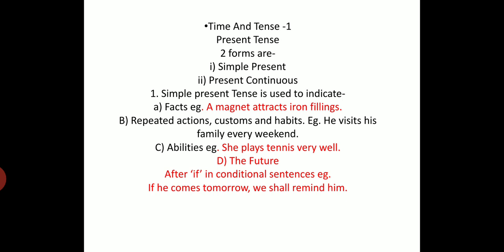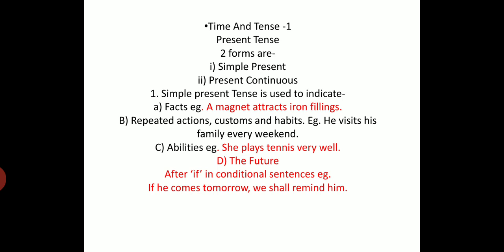First is facts. For example, a magnet attracts iron filings. Now this is a fact. So if a fact is to be stated, it will always be in simple present tense. Dogs are faithful animals. Next is repeated actions, customs and habits.